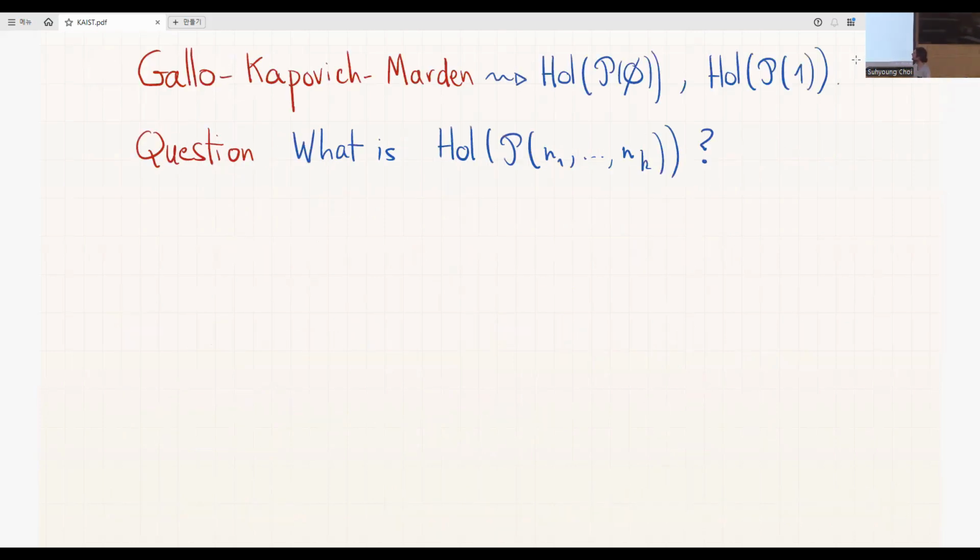This theorem is very nice, and it gives us the characterization of the holonomies of projective structures without branch point or with one branch point of order 1.